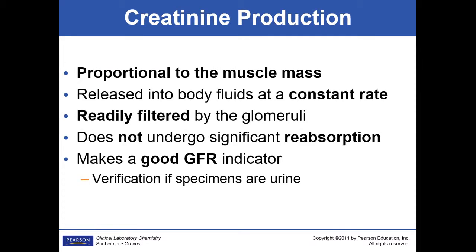Creatine production is very proportional to your muscle mass. It's released at a constant rate. It is easily filtered by the glomeruli, and it does not reabsorb. Therefore, it makes a good glomerular filtration rate indicator. We use it often to verify if specimens are urine, such as in the case of a drug screen specimen.